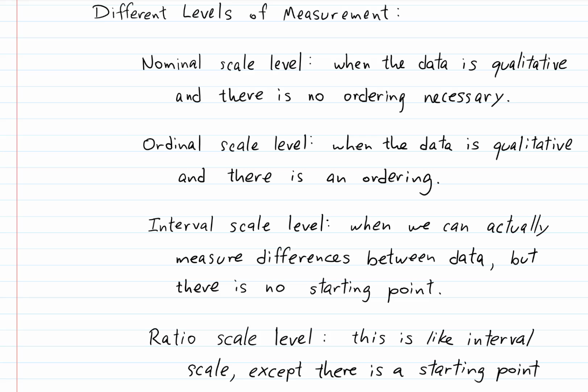Okay, so an example of this would be, let's just use Celsius temperature, the centigrade scale. So you hopefully know that 0 degrees Celsius is the freezing point of water. So if you were measuring the temperature using the Celsius scale, that would be interval scale. But if you were measuring temperature above freezing, then you're putting a starting point on there, saying freezing is the starting point. Okay?